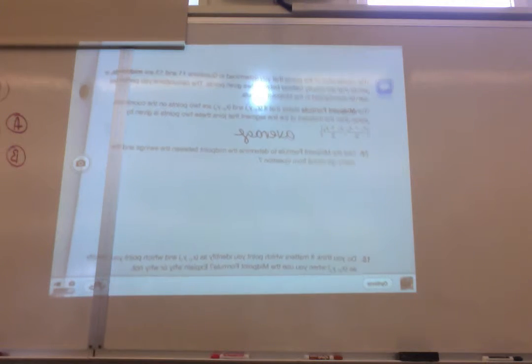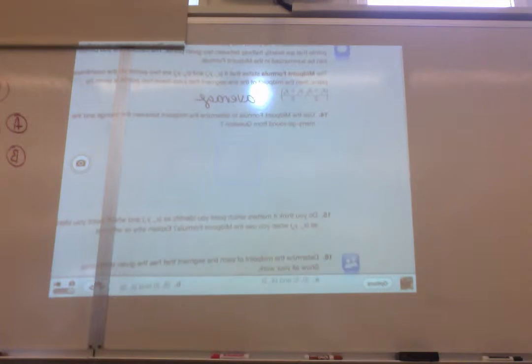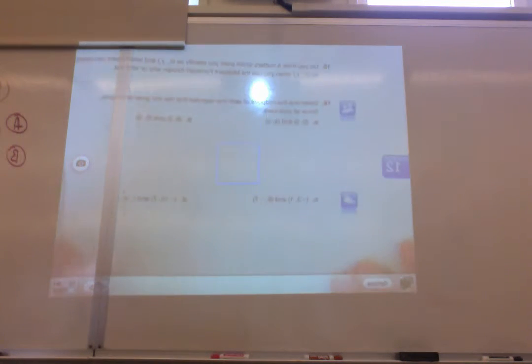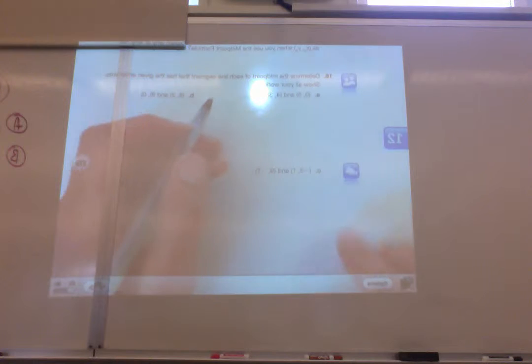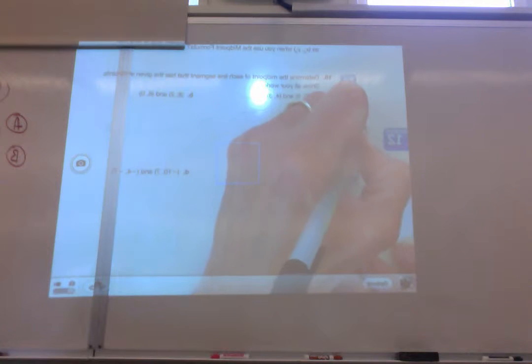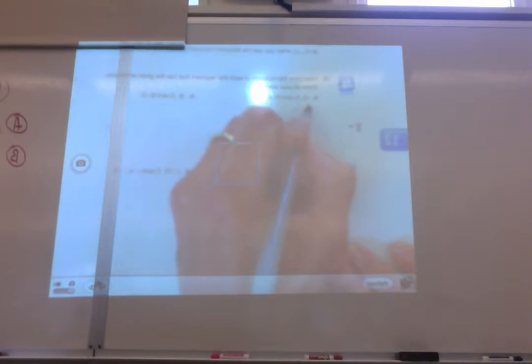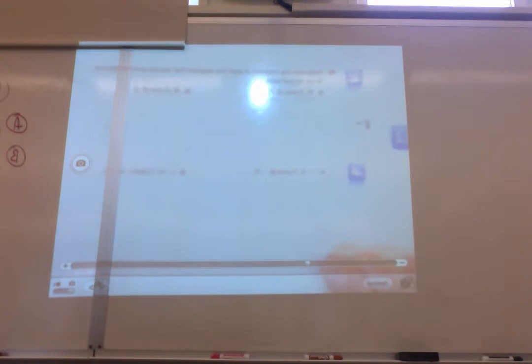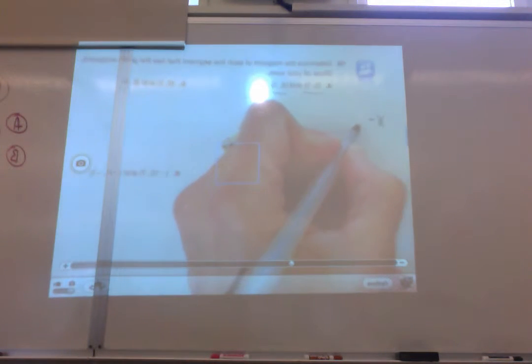Here's what I want you to do. Use that midpoint formula in number 16. Let's do 16a together. Okay, Andy? For my x's, if I want to find the midpoint when I have these two sets of points, what am I going to do to find the x-coordinate of the midpoint?